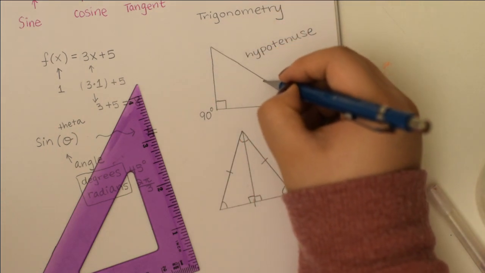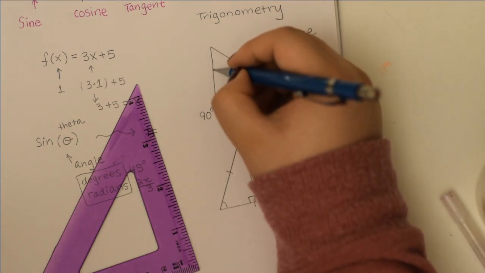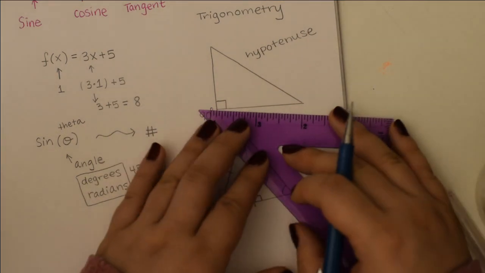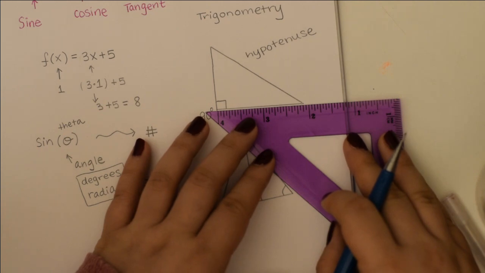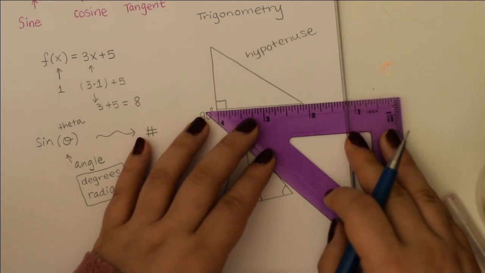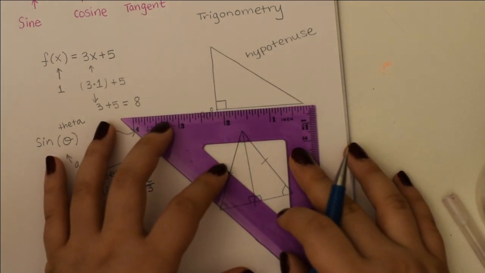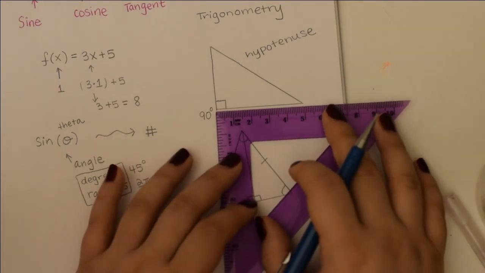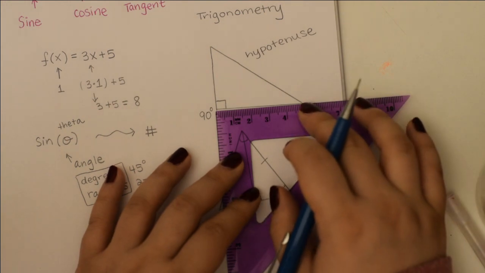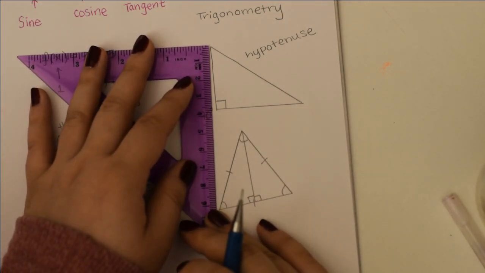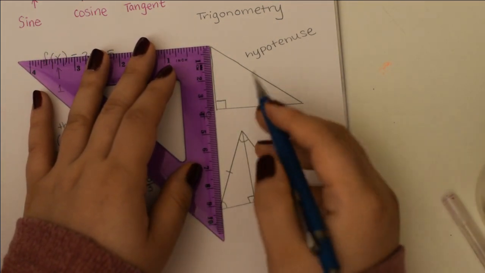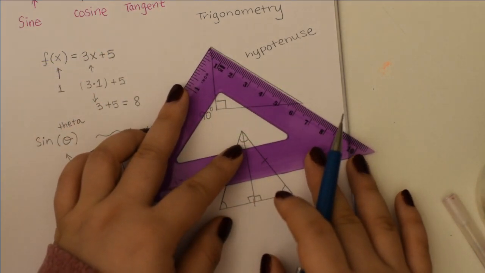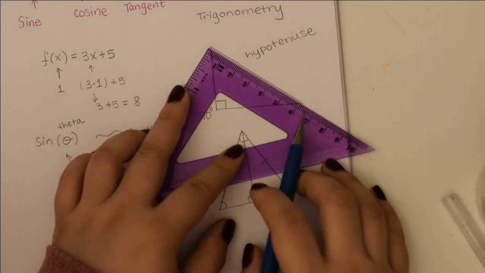This is the longest side compared to this and this. We can kind of visually show ourselves that, let's measure. This is almost 5. This is like 3.5-ish. And that is almost a 6.